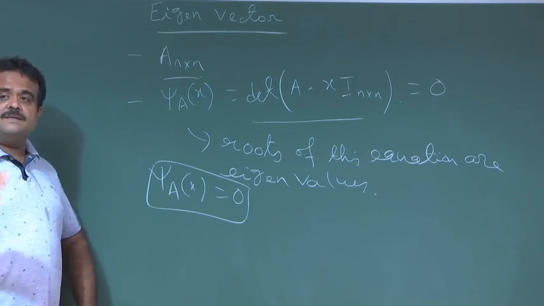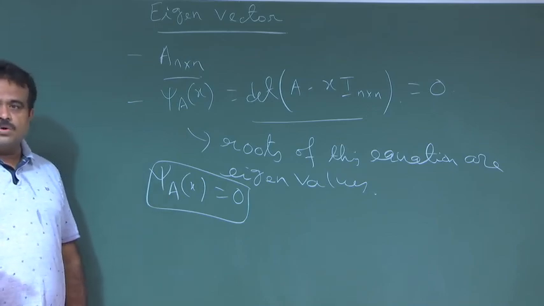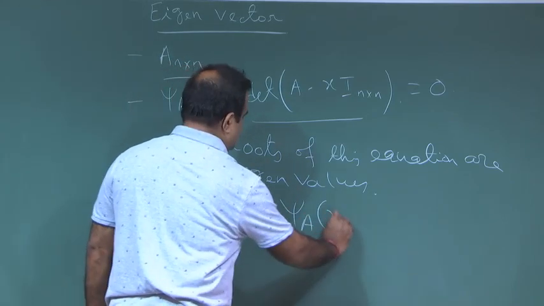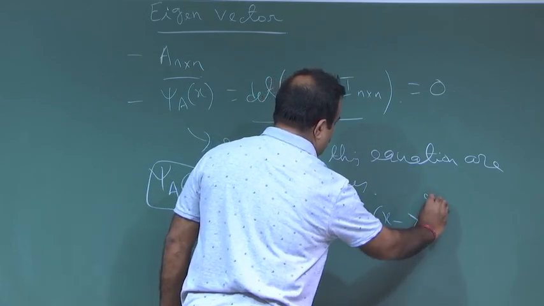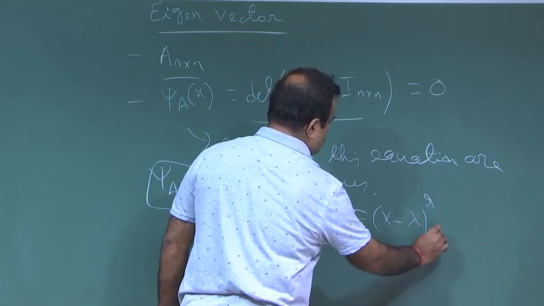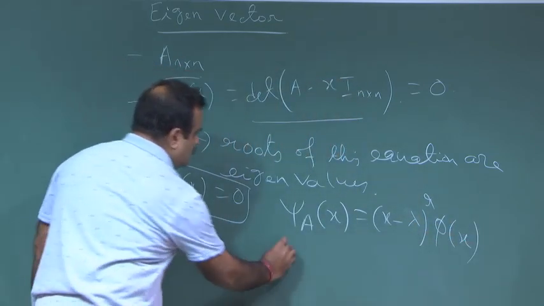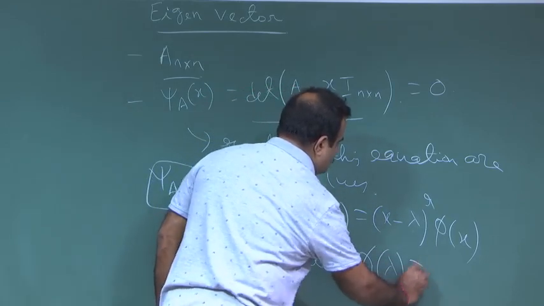Now, if lambda is a root of multiplicity r, that means we must write this as x minus lambda to the power r times some other polynomial phi, where phi of lambda is not equal to 0.